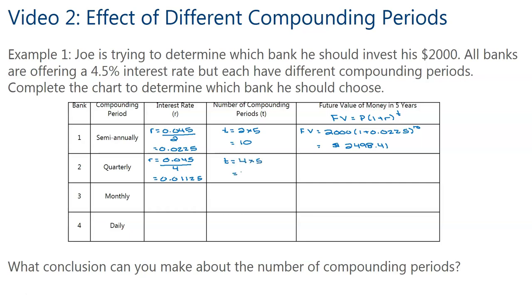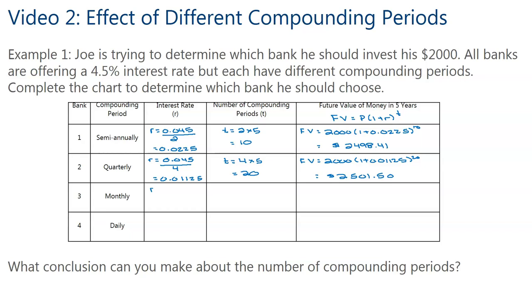So interest was applied to the investment 20 times over the course of 5 years. So for Bank 2, we would get a future value of $2,501.50.